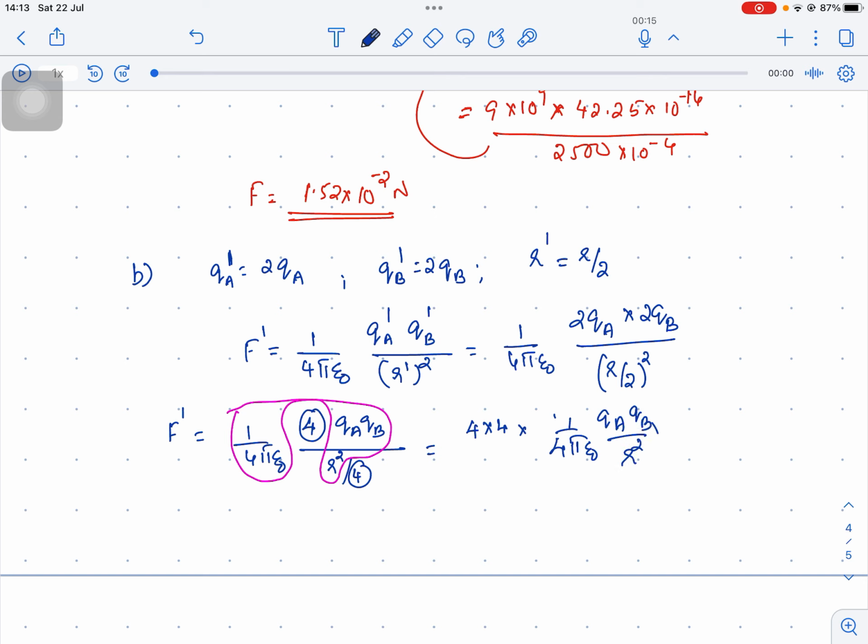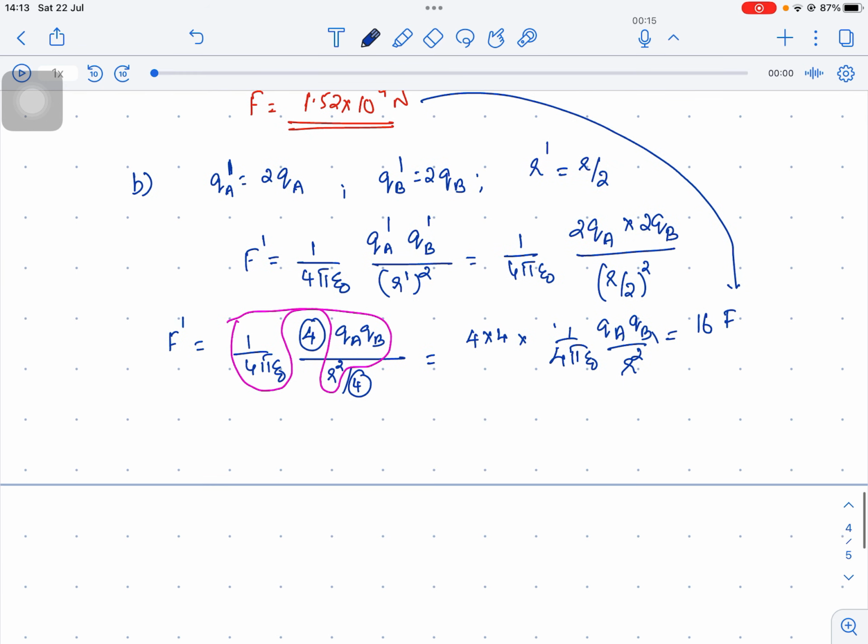That means this is the old force. So 4 into 4 is 16 times the previous force. The previous force value that we have already found, so you can substitute that value over here.